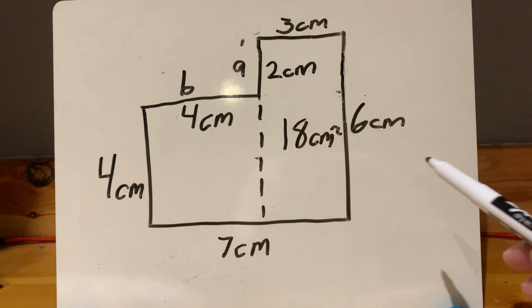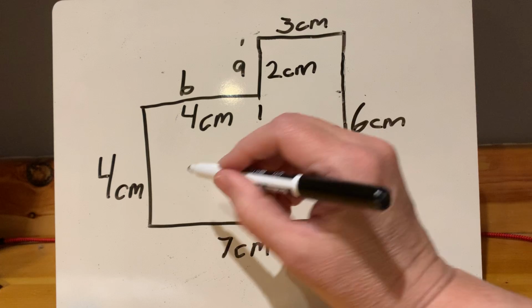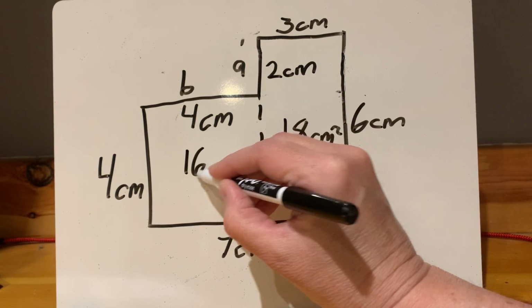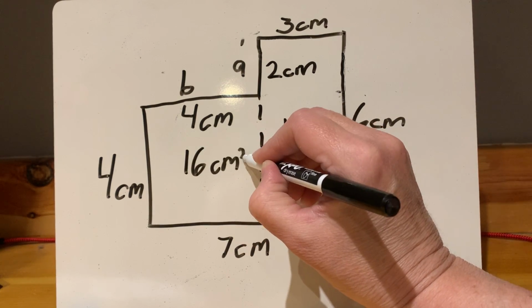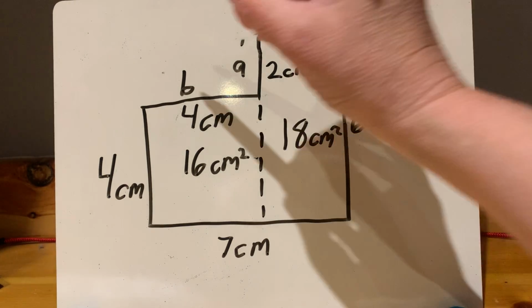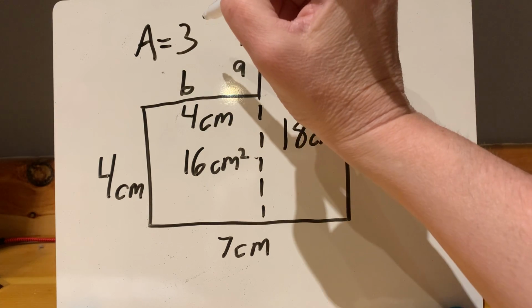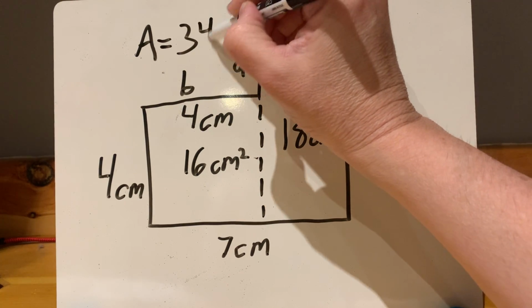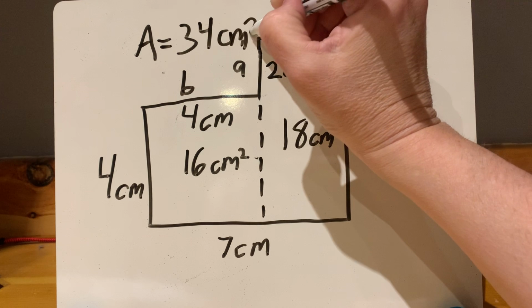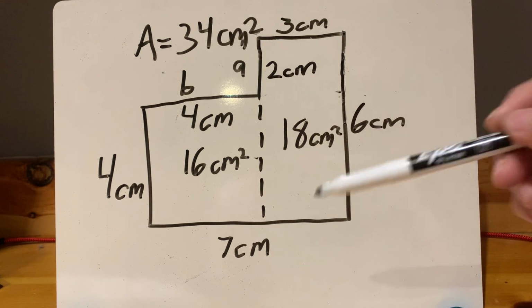And we have a square that is 4 centimeters by 4 centimeters, which gives us an area of 16 centimeters squared. When we add 16 and 18 together, we find that the area is indeed 34 centimeters squared. So regardless of how we divided the shape, the area was consistently 34 centimeters squared.